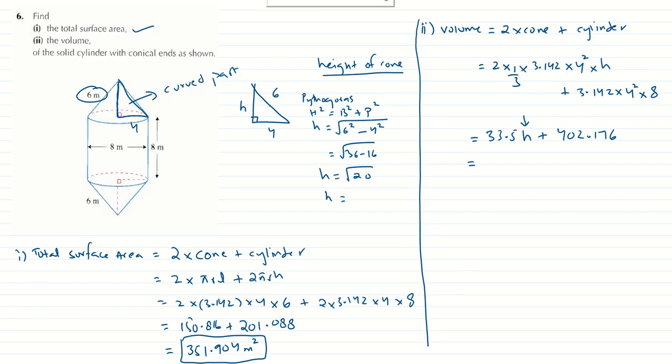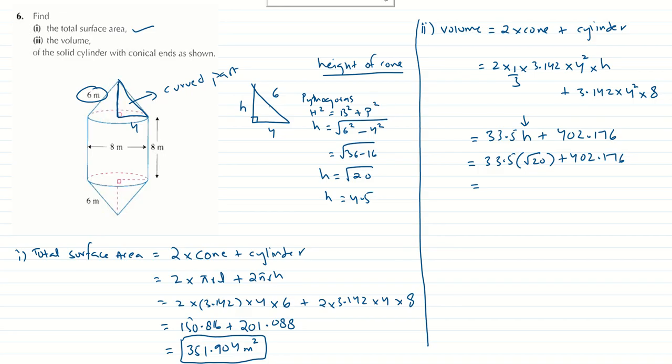So either you can input directly under root 20 here, root 20 plus 402.176, or you can find out how much is root 20. This is 4.5. So you can input 4.5 also here.